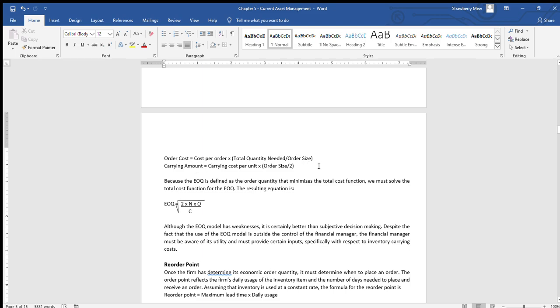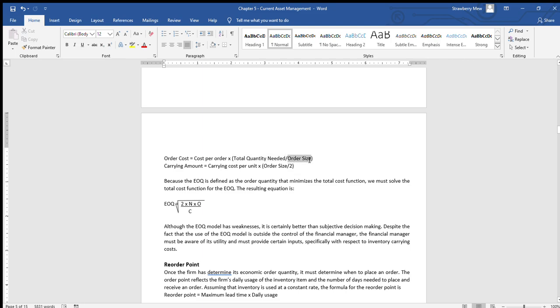Sa order cost naman, so the total quantity needed, this pertains to the whole year, okay? This pertains to the whole year. So magkano ang kailangan natin for one period divided by the order size.